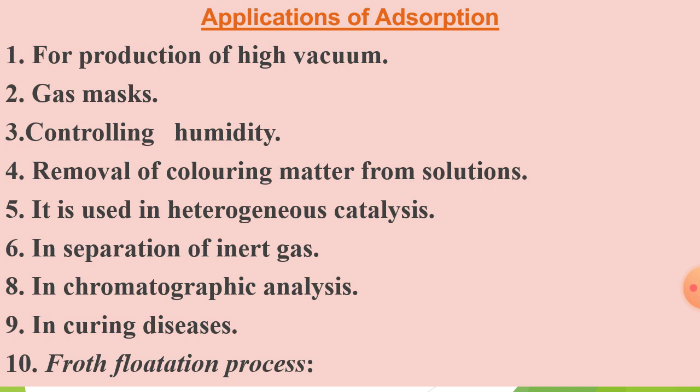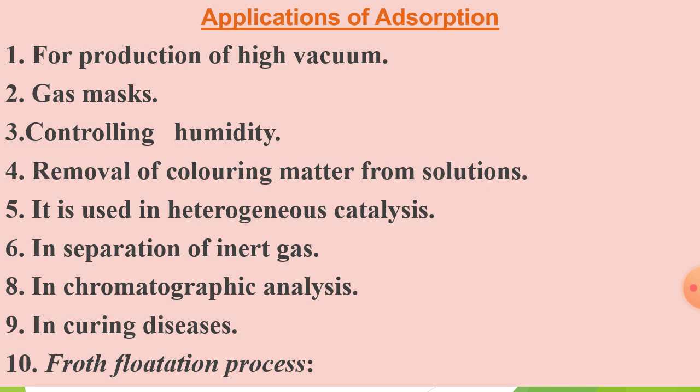Now, one more application in chromatographic analysis. Chromatography, I also told you, has two phases. One phase is the mobile phase and one phase is the stationary phase. The stationary phase works as the adsorbent and the mobile phase works as the adsorbate.